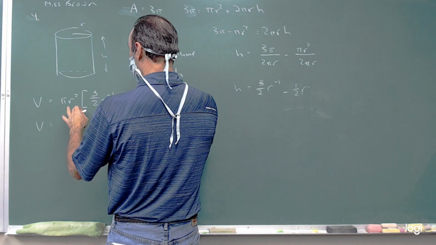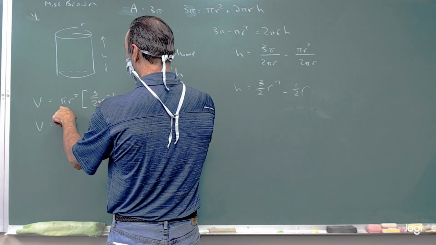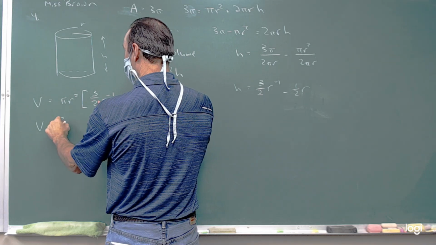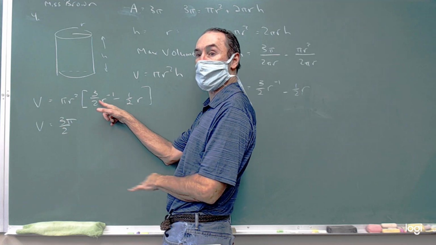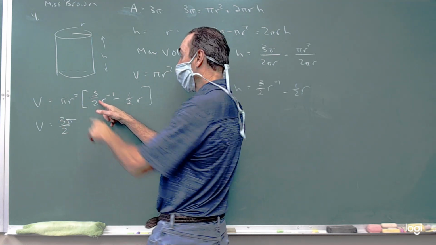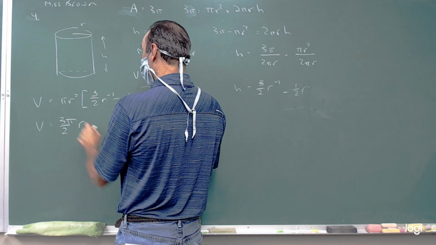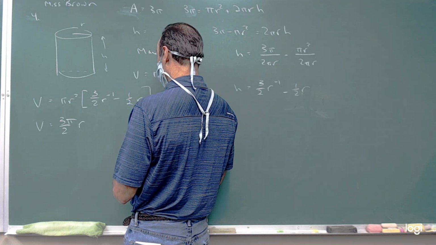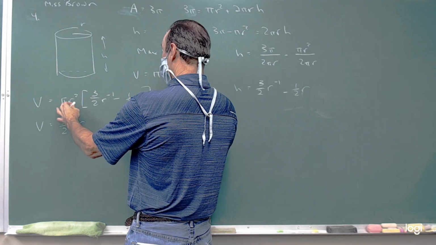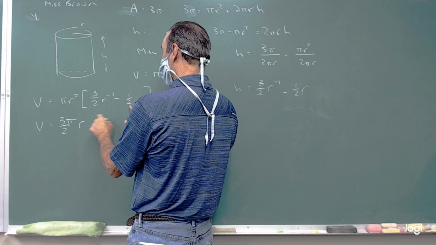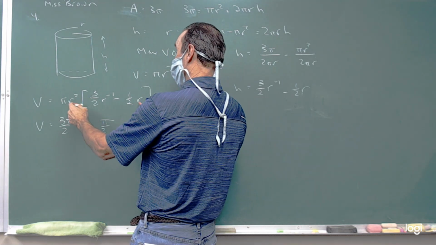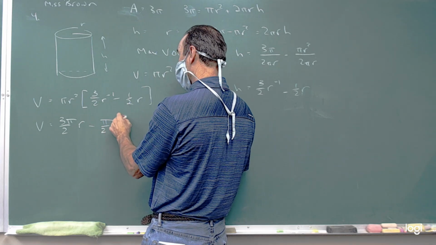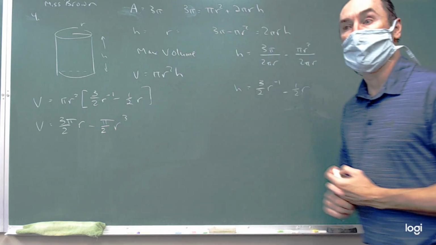I'm going to combine the 3 halves and the pi, and lump them together as 3 pi over 2. That's just a constant. And then r squared times r to the negative 1 is just r. And I'm going to call it a pi over 2 just to condense the constant part. And then r squared times r is going to be r to the third. Is that okay?